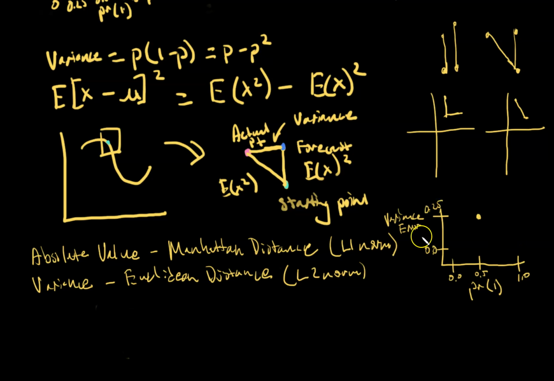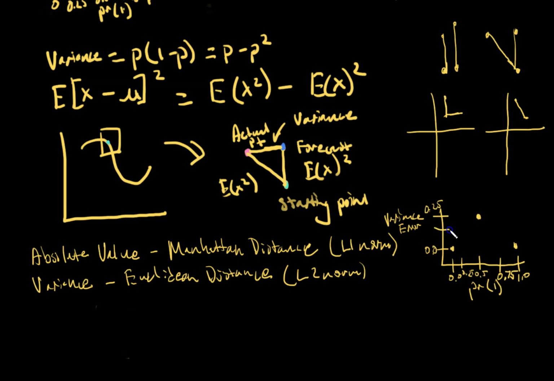And then how about at 1? So 1 minus 1 squared, that's going to be 0. Same thing, 0 minus 0 squared, that's going to be 0. Good. And then 0.75 and 0.25.